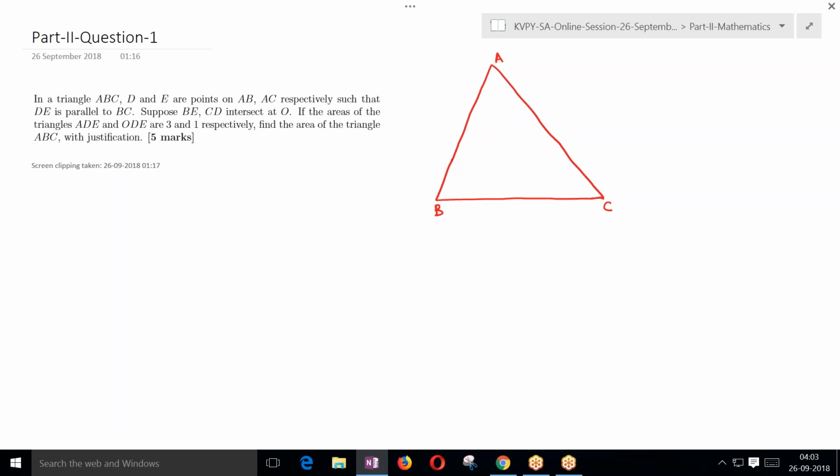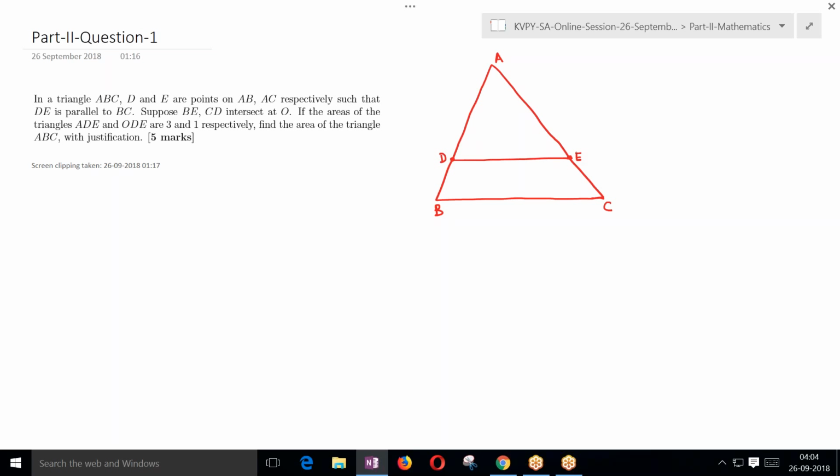So there is a point D here, and there is a point E, so DE is parallel to BC.